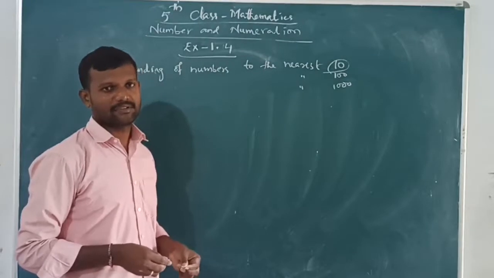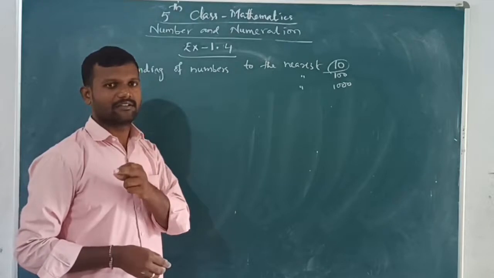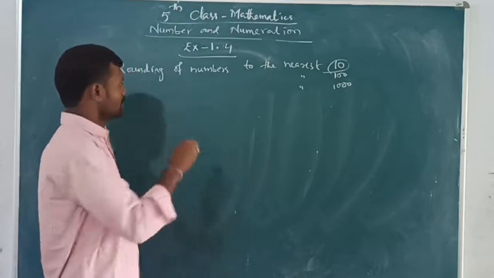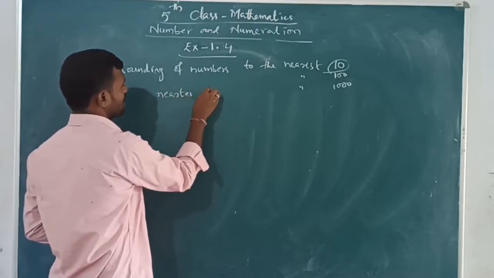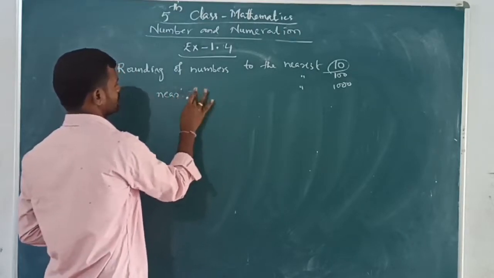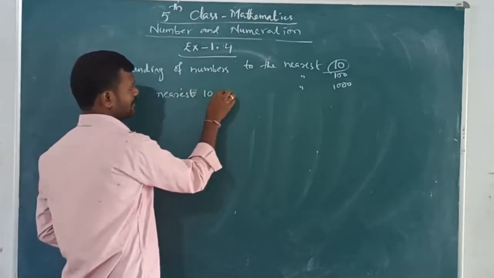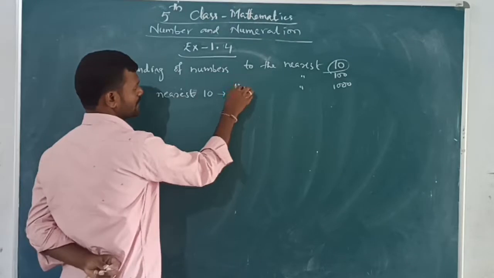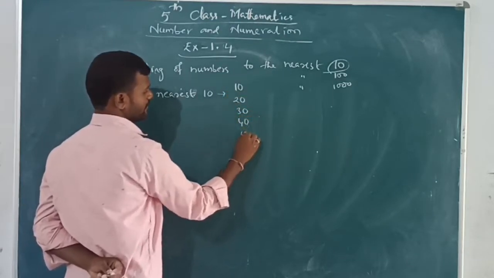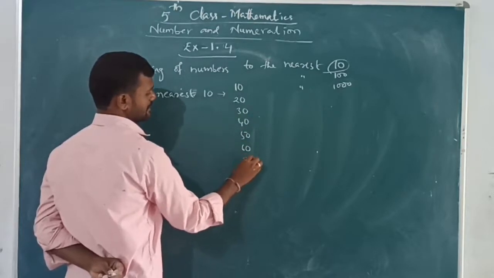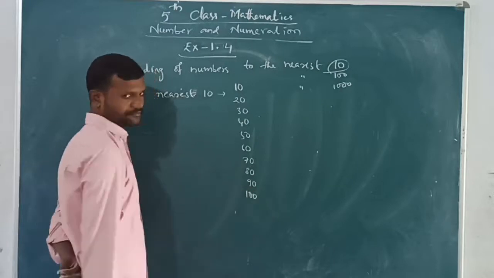What are the multiples of 10? In the 10 table you get 10, 20, 30, 40, 50, 60, 70, 80, 90, 100.